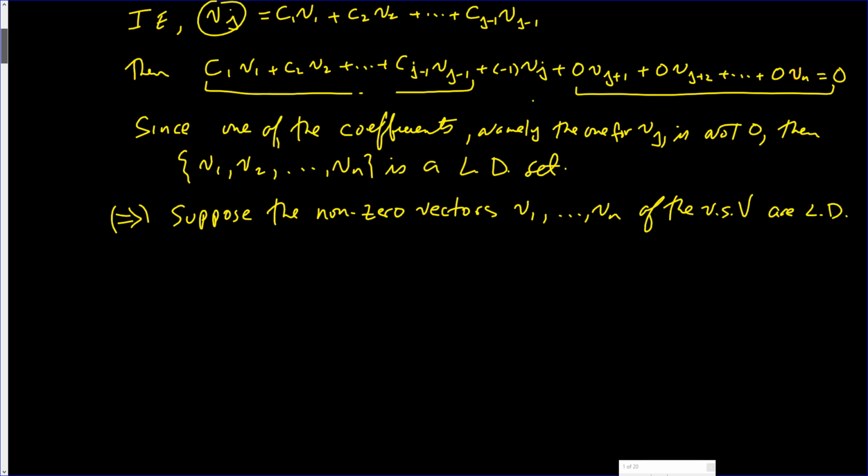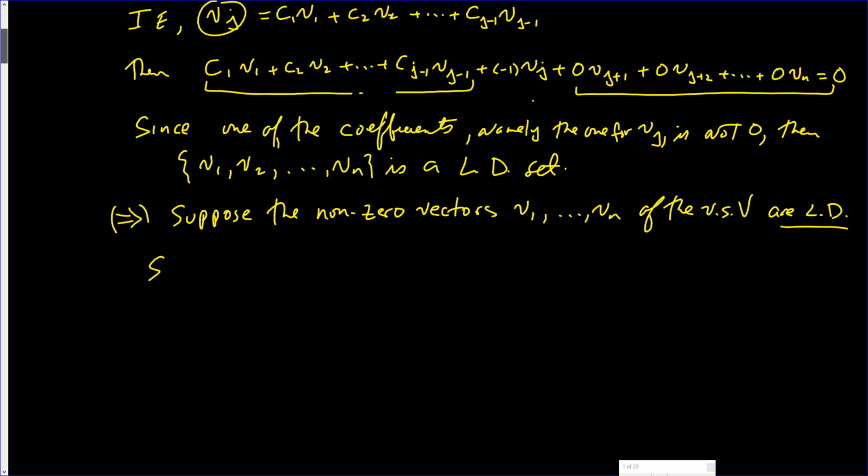Now I want to show that there's a least Cj that's non-zero, which means there's a least V sub j that has a non-zero coefficient that gives us 0.